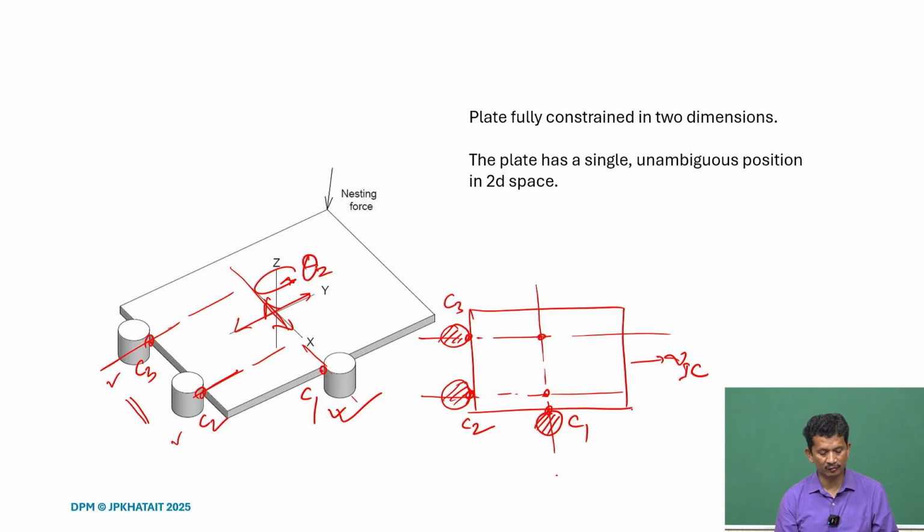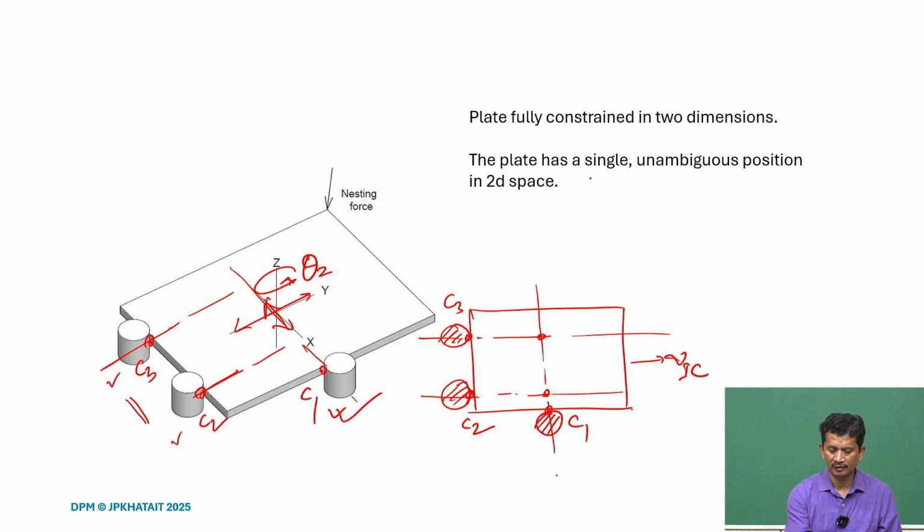So, in this case it is fully constrained: x translation, y translation and theta z rotation are all constrained. Therefore, in the 2D case, if we put these posts or contacts in this way, it will be fully constrained.